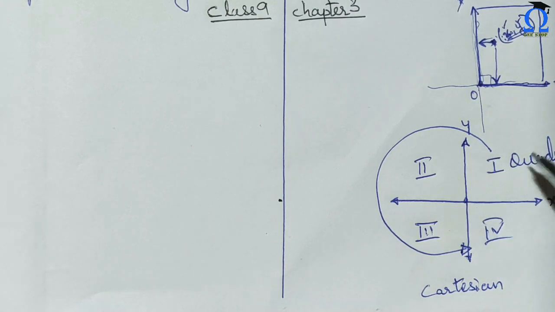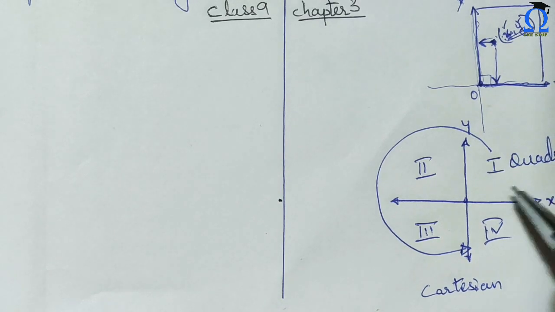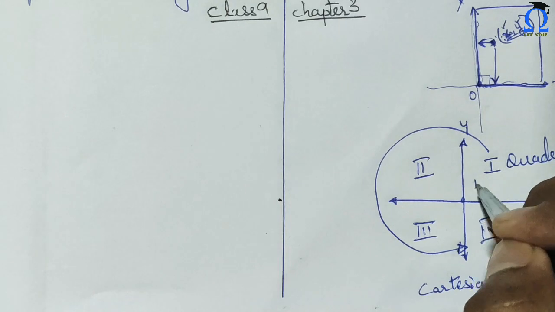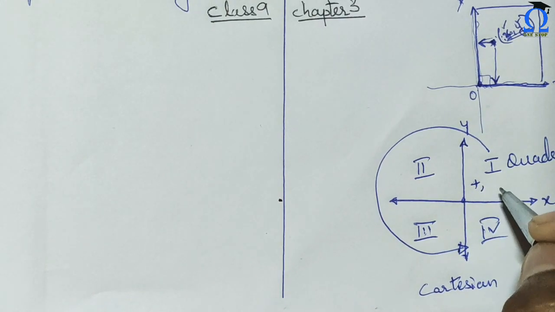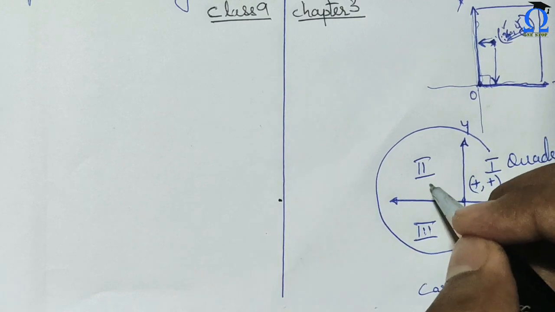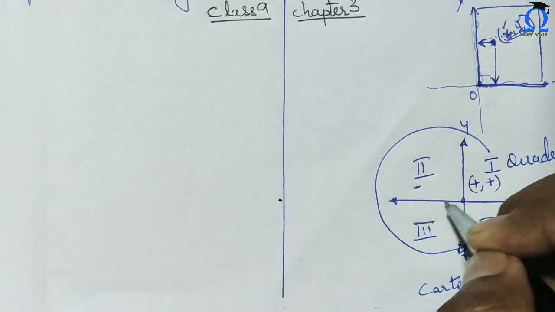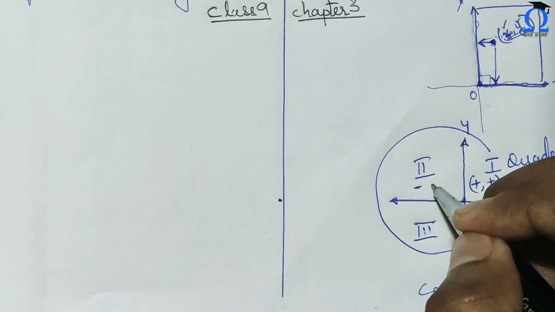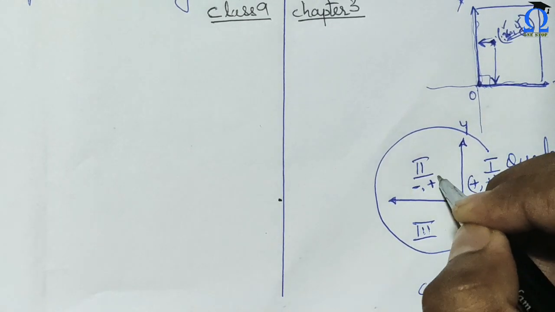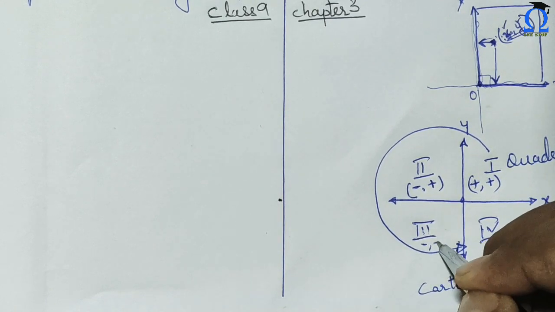Now the points in this quadrant will always be positive numbers. The x value will be positive, and the y value will also be positive. For this one, x will be negative, because this is the negative part of the x axis, and y is positive. Understood? Similarly for this one, what will be there? Negative and negative.